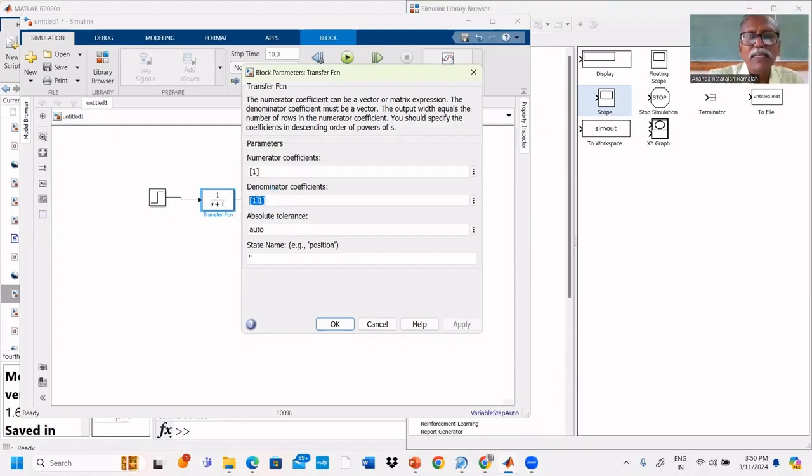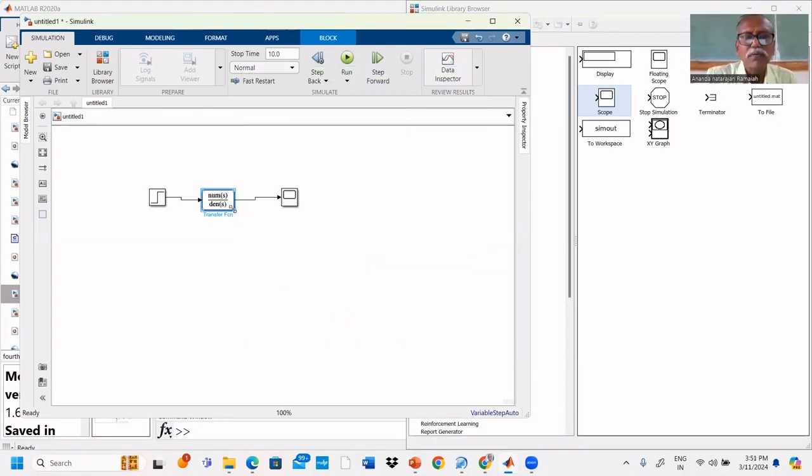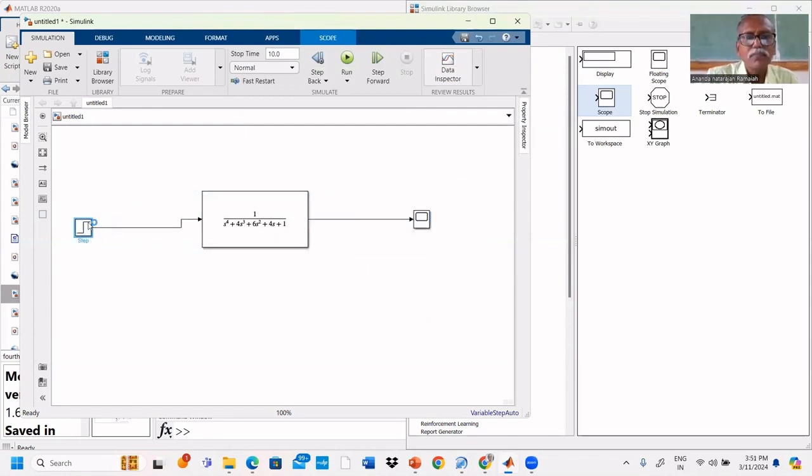So we enter 1 s power 4, then 4 s cube, 6 s square, then 4 s, then 1. Now we entered fourth order, and we got the fourth order response.